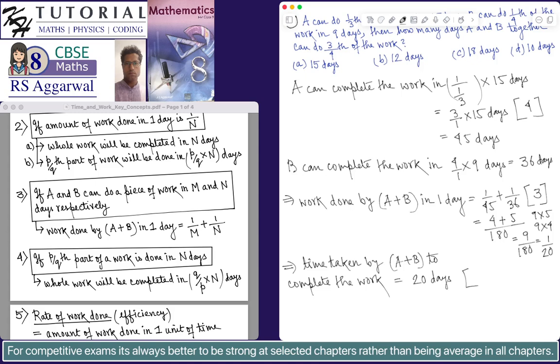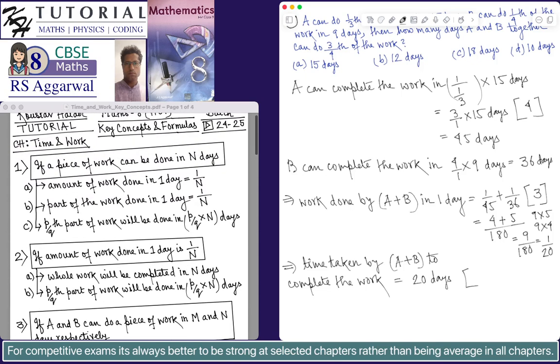Again here the concept applied is 1B. The concept number 1B says that if a piece of work can be done in n days, then part of the work done in one day is 1 by n. And so if we know that the work done in one day is 1 by n, then we can say the whole work will be done in n days. So kind of reverse concept of 1B. Okay. So now we know that the whole work will be done by A plus B in 20 days.